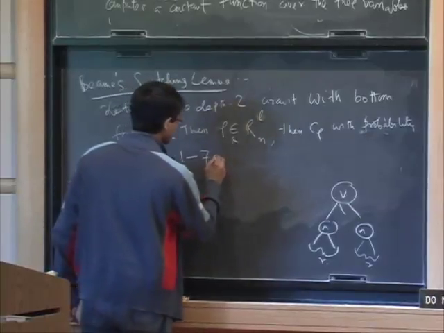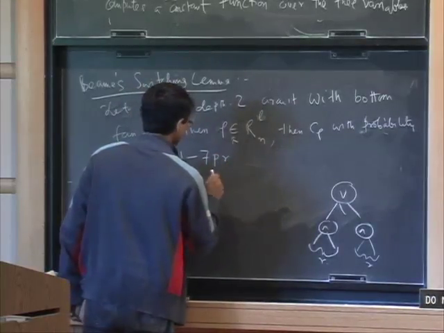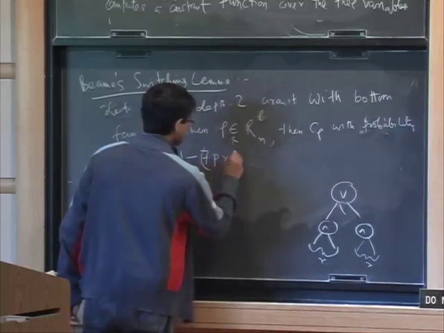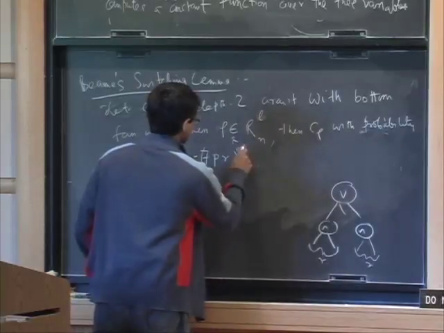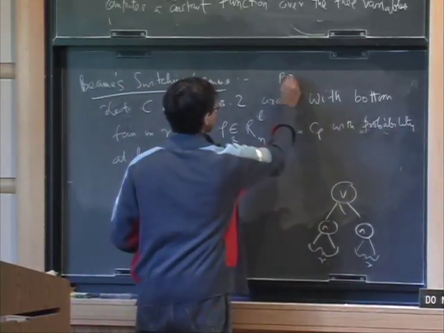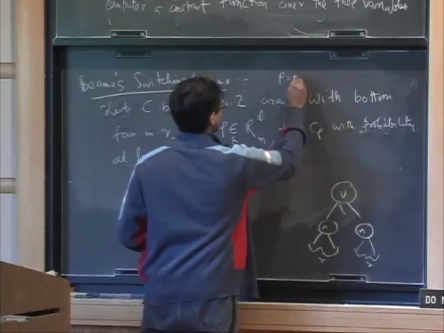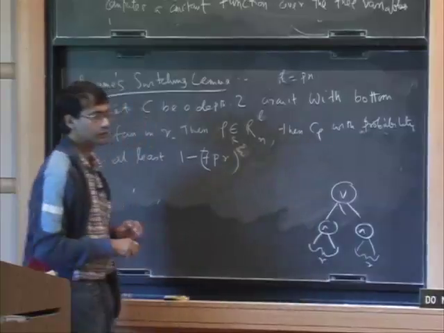I'll just say what this means. So P here is just, L is P times N, right? Okay.